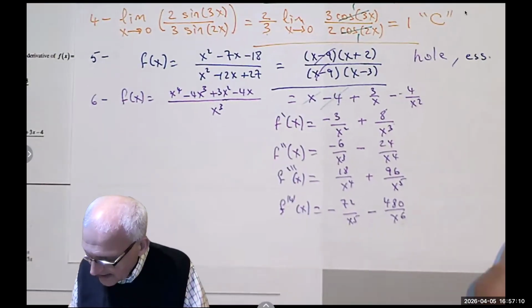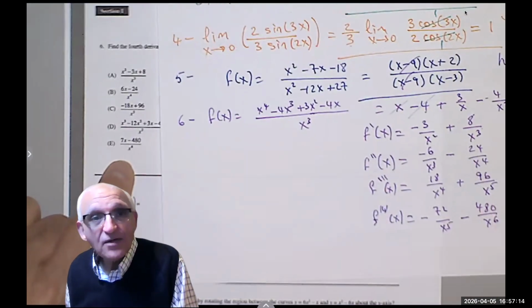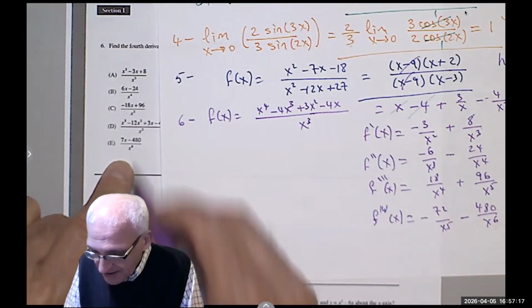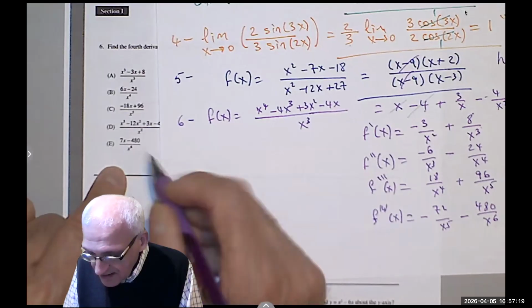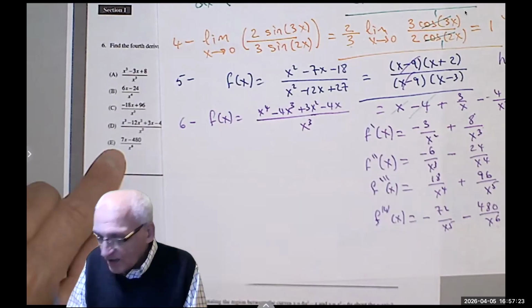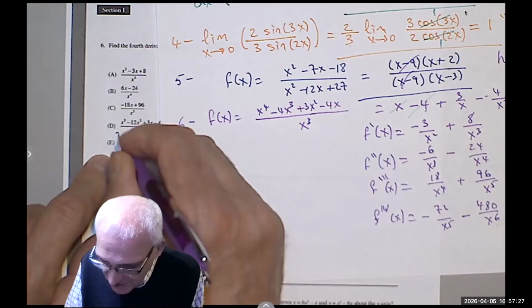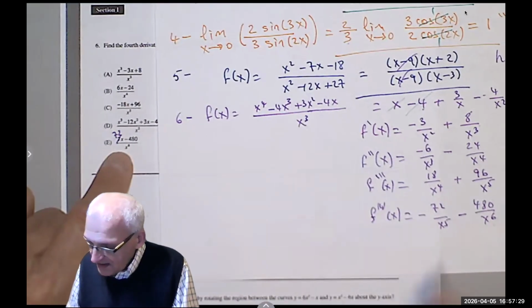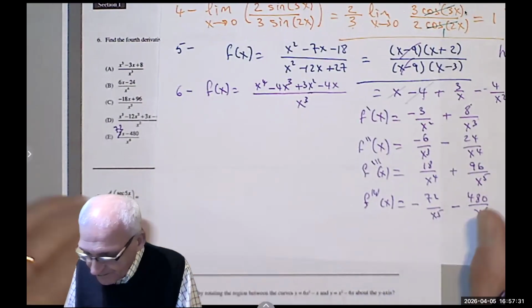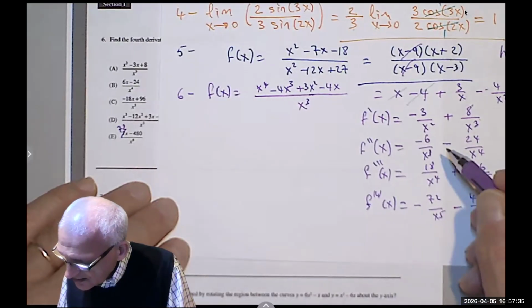You see the last one, that's the error I wanted to mention. That should be 72x, not 7x. That's one of the errors I found. Wait a second.